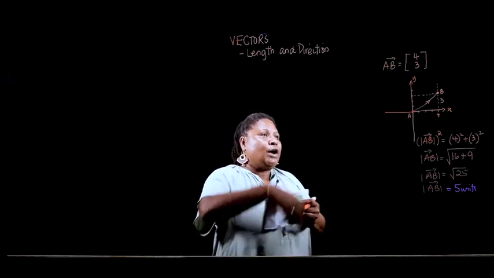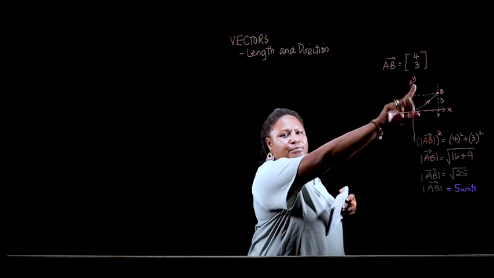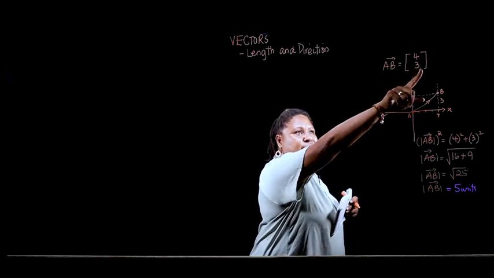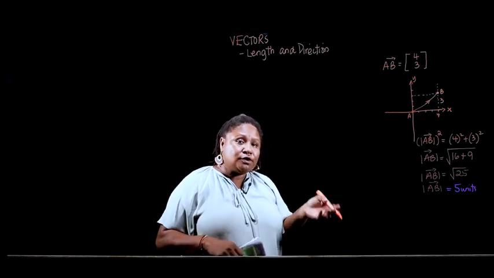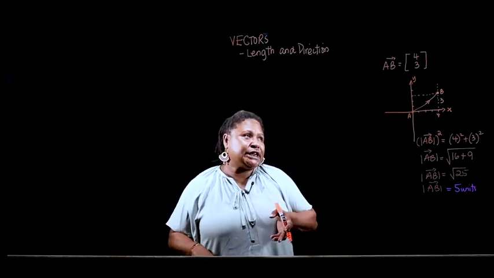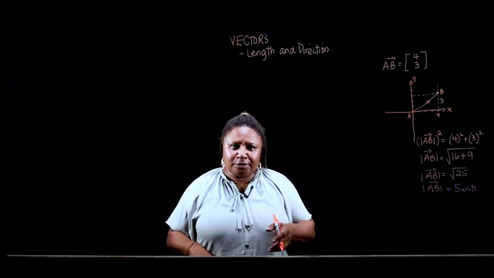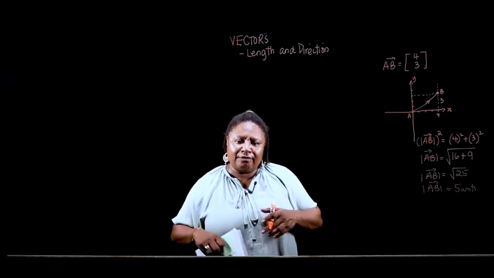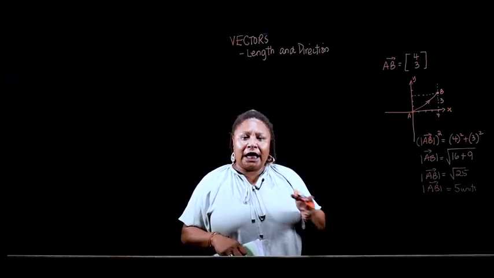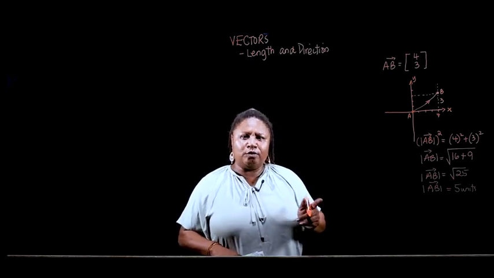Now, apart from a vector being given in terms of the y and the x component, we can also represent vectors in terms of the unit vector. Unit vectors are vectors that have a length of 1, or magnitude of 1.